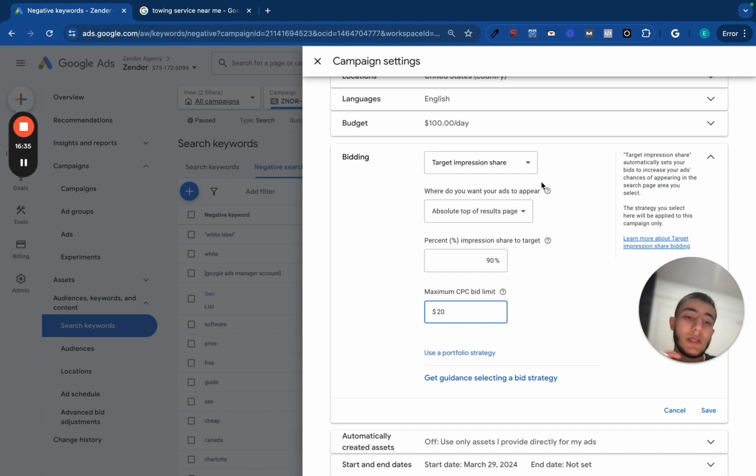So it's going to give you more irrelevant traffic or search terms. If you use exact match with target impression share, it can work well. So use exact match or phrase match with target impression share and maximize clicks too.